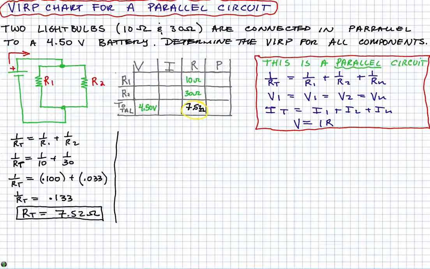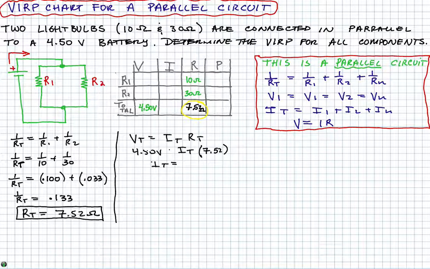The next thing I'm going to do is calculate what IT is. So I'll use Ohm's law. VT is equal to IT times RT. VT is 4.50 volts. IT I want to calculate. RT is 7.52 ohms.